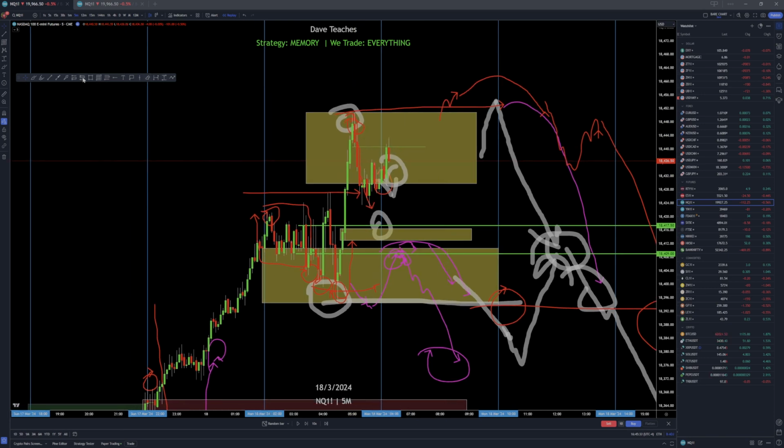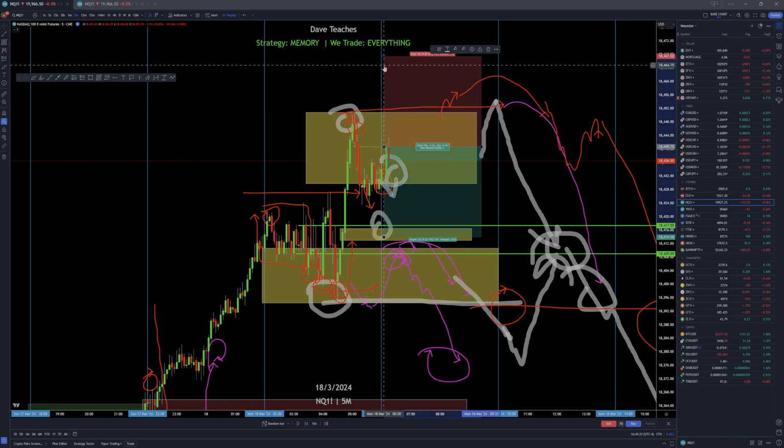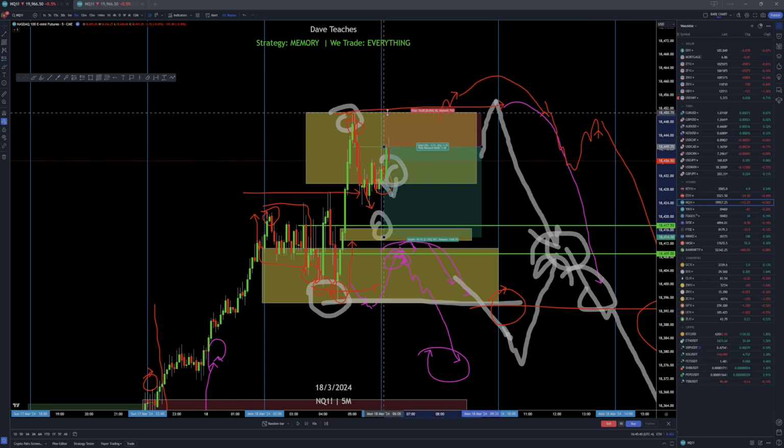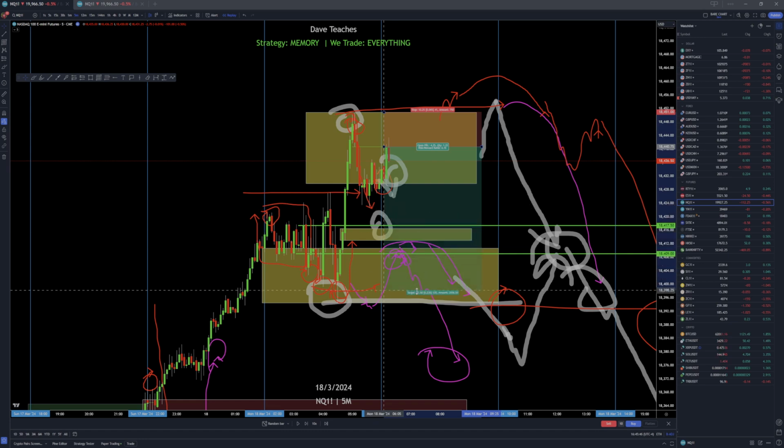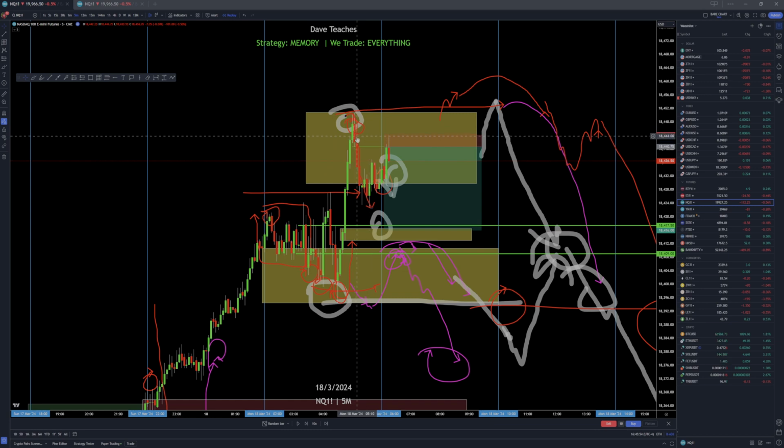So instead of your short being in the 4-hour wick that's here with the high there, and you're targeting something like here or maybe the low or wherever it is that you're targeting, instead of it being there, it was instead moved to behind the fractal.